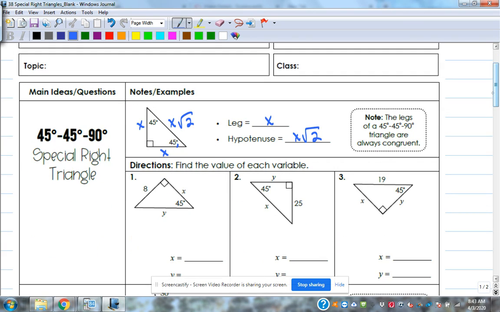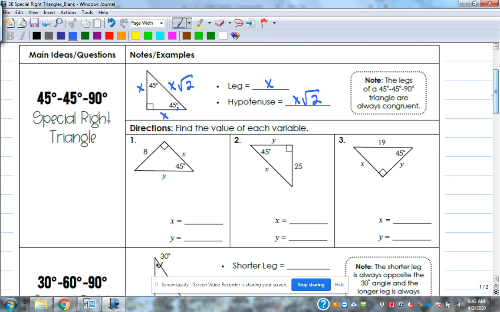So when we're looking at solving these, they're really easy. The legs are always going to be the same, and the hypotenuse is the leg times the square root of 2. So for this one, let's look at our examples here. We have a 45, 90, then we know this other angle would have to be 45 as well to get the 180 degrees that it always is.